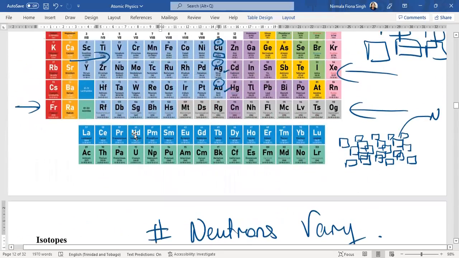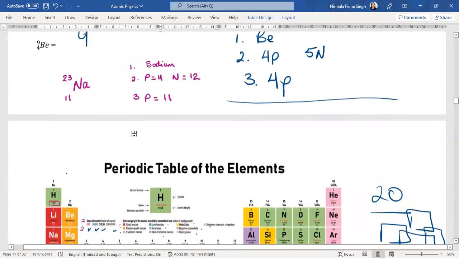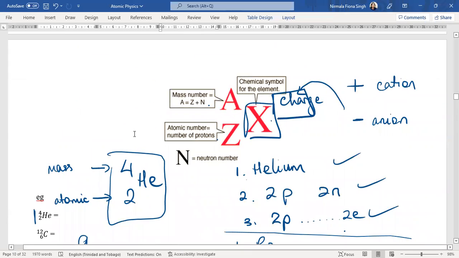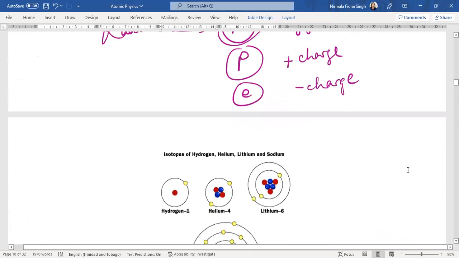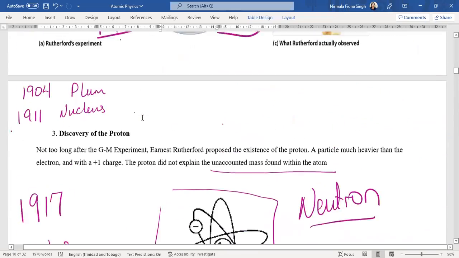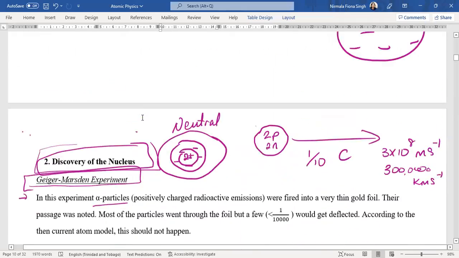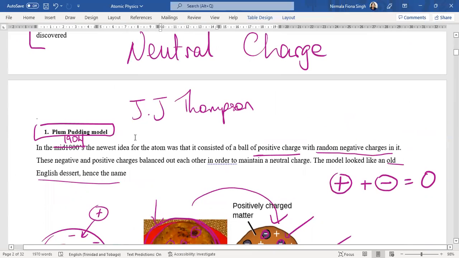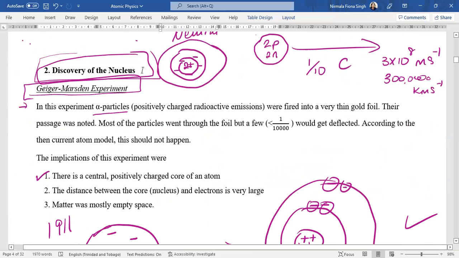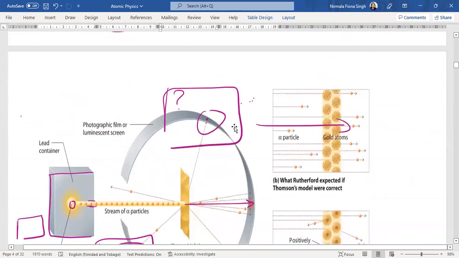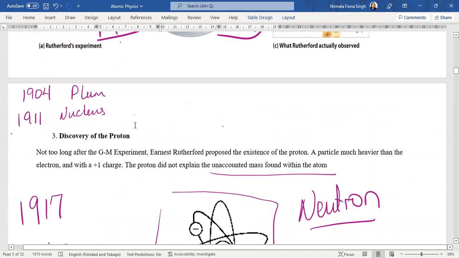All right, so that's our class for today. Just to recall, we looked at the evolution of the atomic model, which started with J.J. Thomson's plum pudding model. Then they discovered the nucleus with the Geiger-Marsden or the gold foil experiment. Then we had the discovery of the proton by Ernest Rutherford.